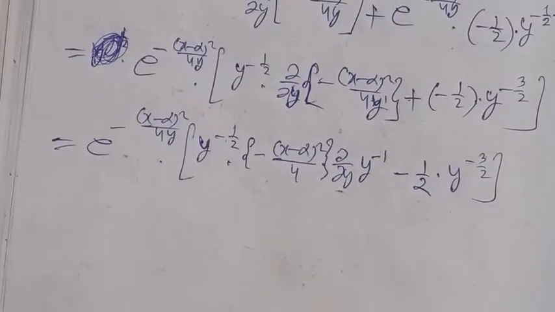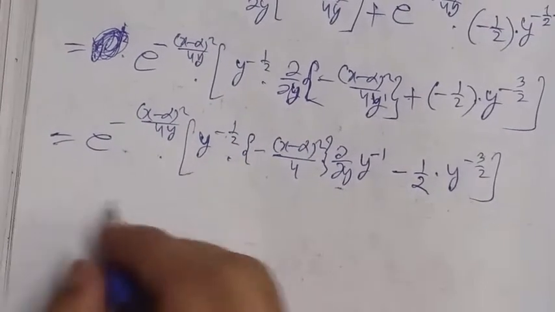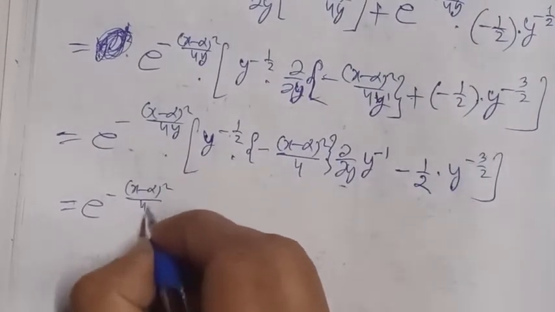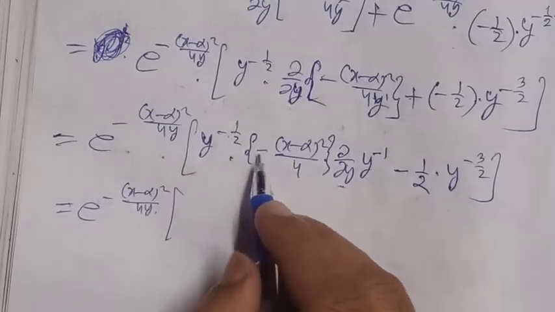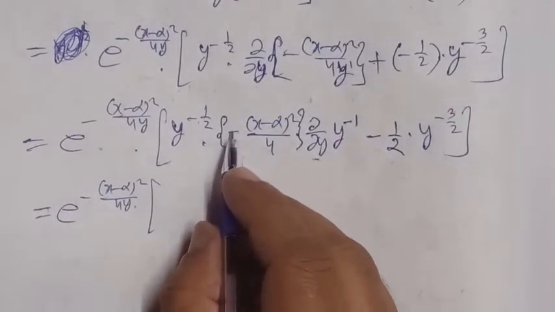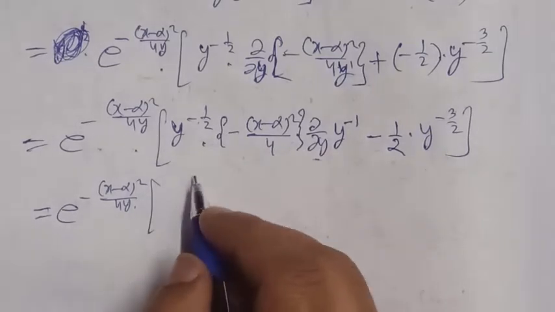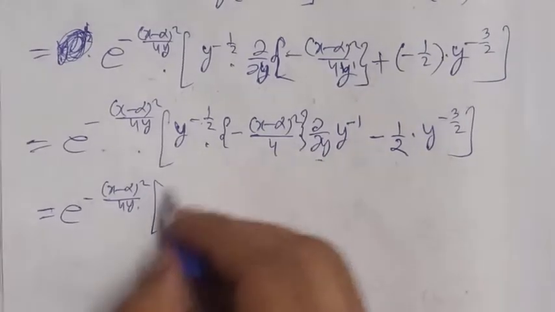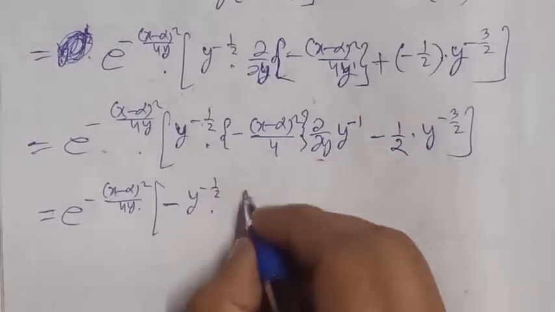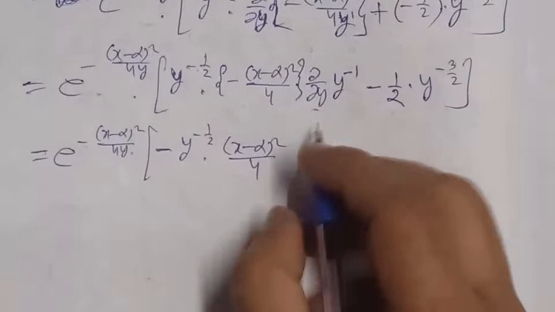We go to the next term. Here e to the power minus (x minus alpha) whole square upon 4y, and this value we can write: first y to the power minus 1 by 2, write (x minus alpha) whole square upon 4 and differentiate it according to the formula.